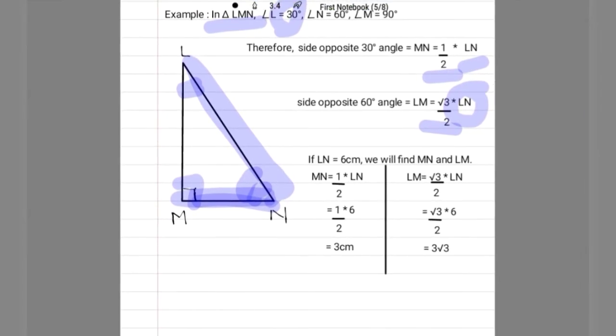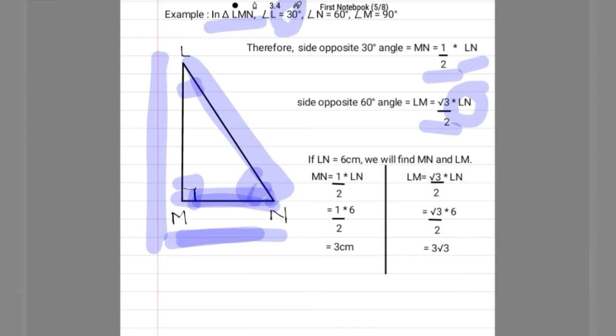Now if we take LN equal to 6 centimeters and we have to find MN, the hypotenuse is given and the angles are 30, 60 and 90. So if the triangle has 30, 60, 90 and the hypotenuse is given, then we can easily find the remaining two lengths, MN and LM.